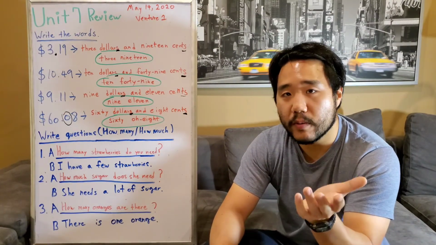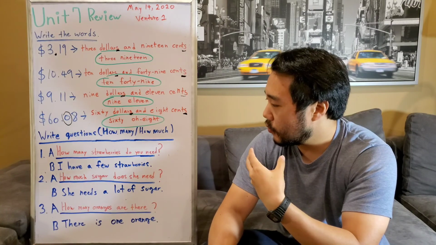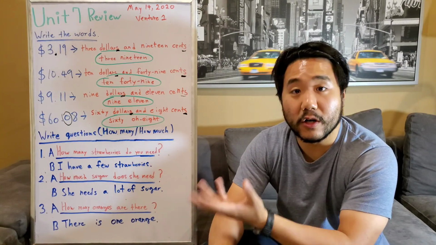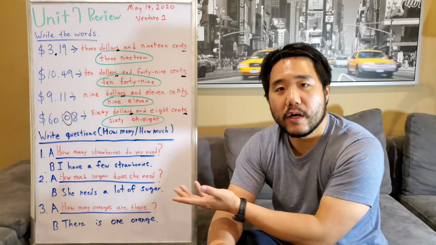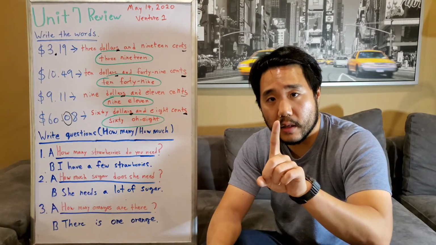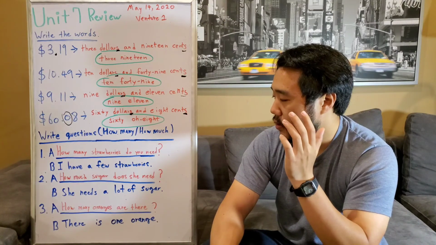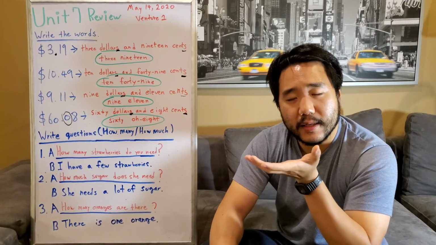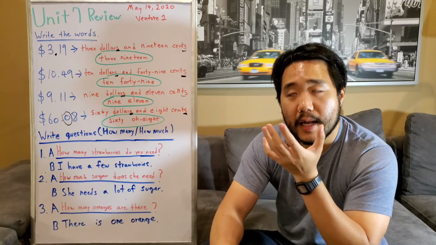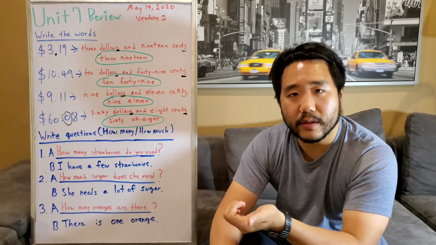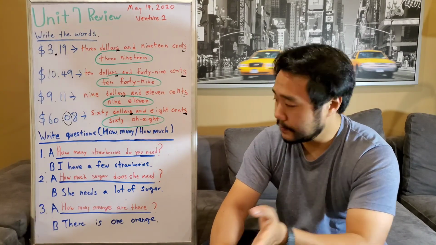quantifier. If you remember, a quantifier we use to express a certain amount. A few is definitely more than one. And strawberry, is it a countable or non-countable noun? It's countable.